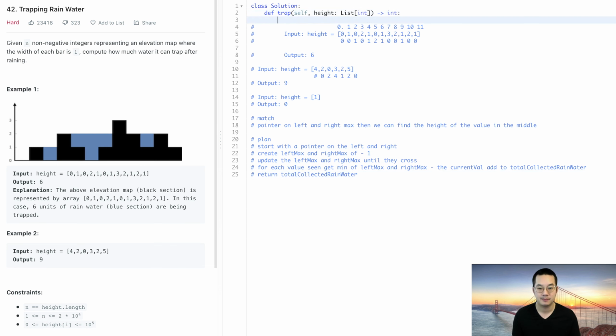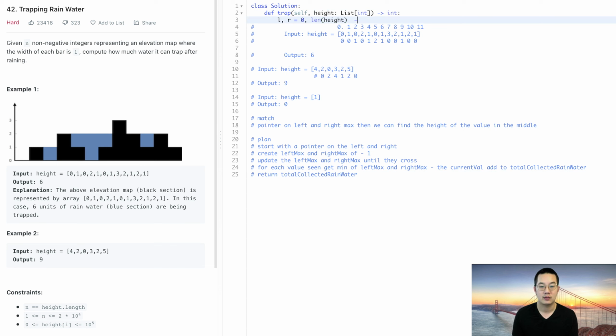So left and right pointer: left, right equals 0, and let's set right to length of heights - 1. Okay, we have our left and right. So let's get our left max and right max. Well, left max and right max are equal to -1.